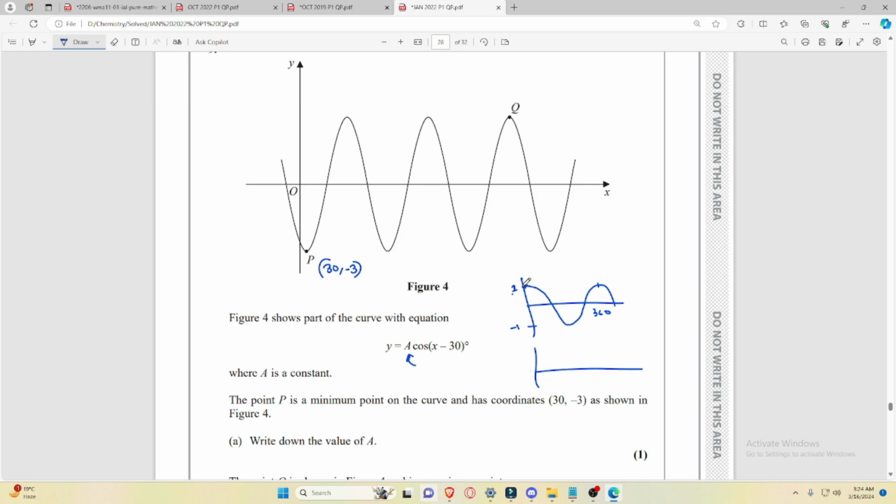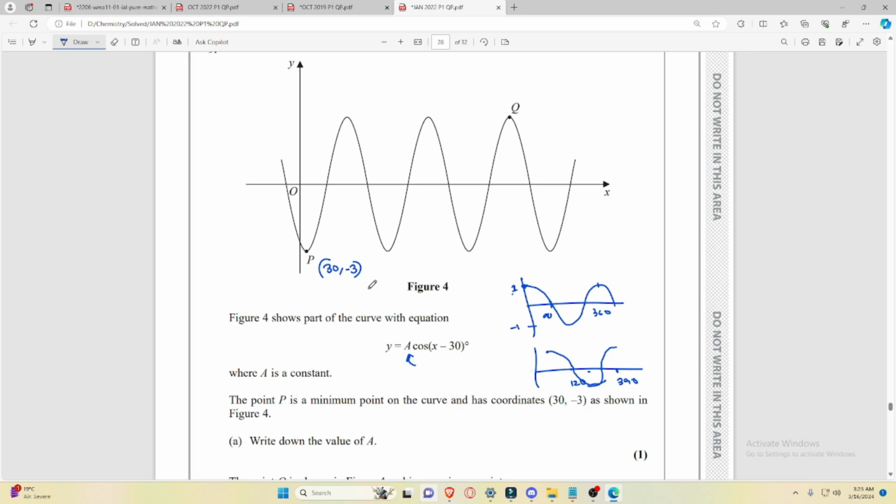So this point right here would be here now. It was 90 degrees, it will be 120 degrees now. This point was 360, now it will be 390. It shifted to the right, a little 30 boxes to the right.